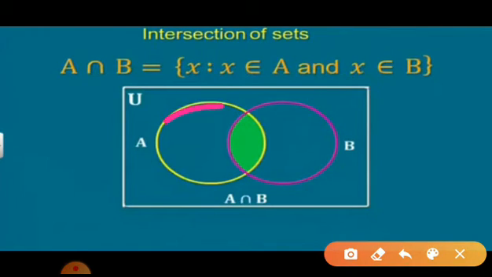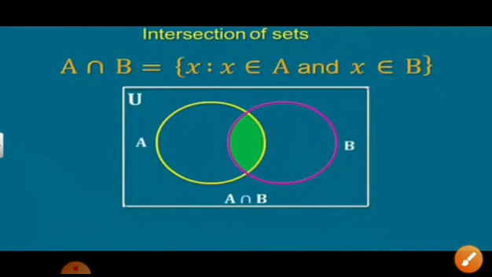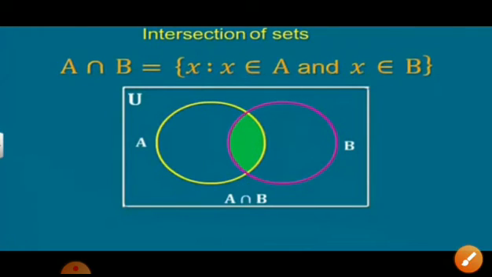These are the two sets A and B. The elements common to both A and B are nothing but this portion, because this portion is the common part. So that part is your intersection. Clear?